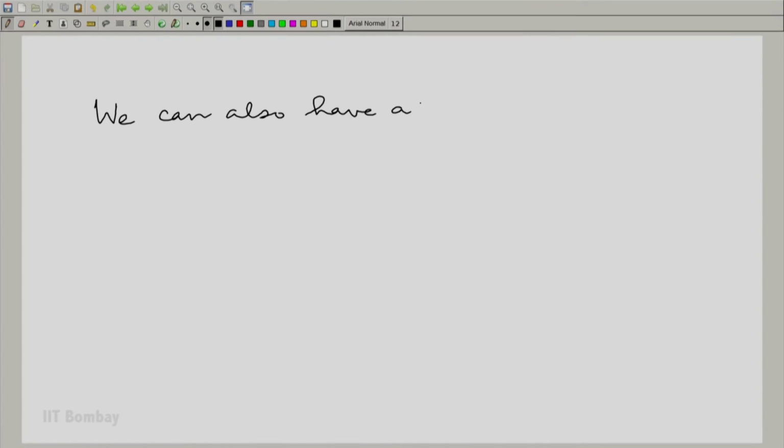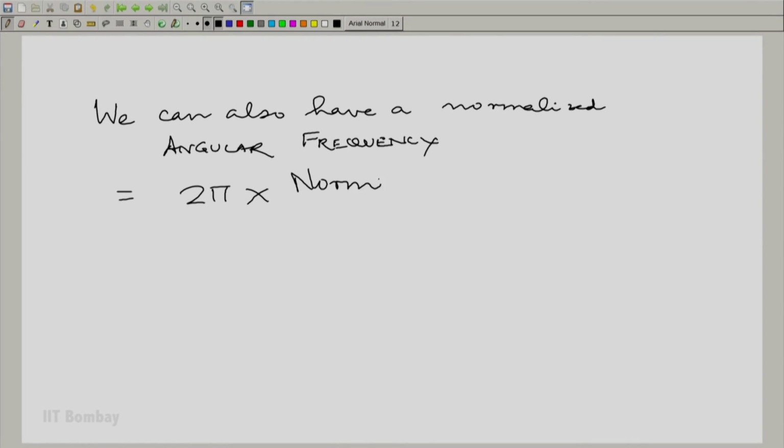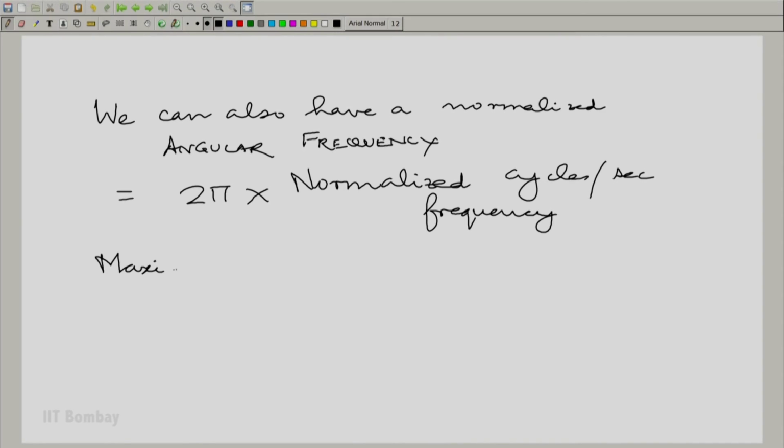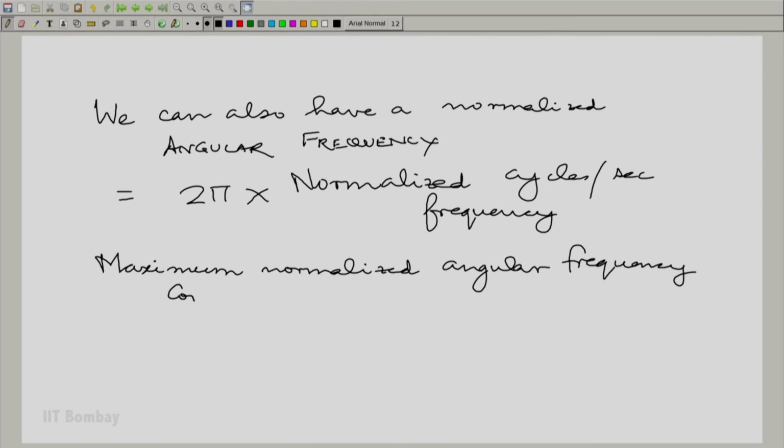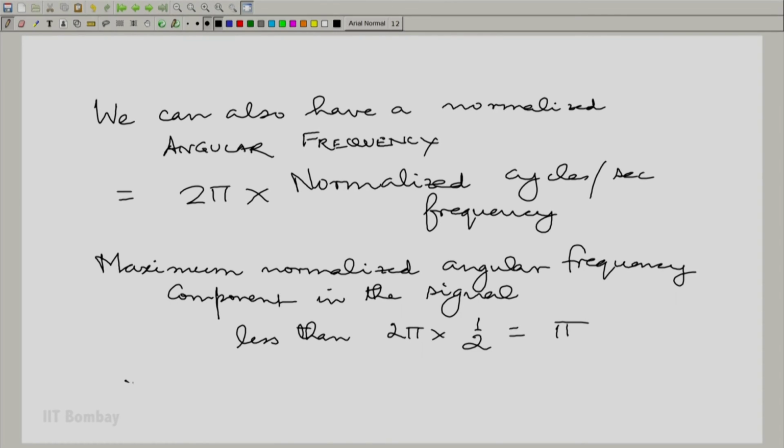But then you can also have a normalized angular frequency, and that normalized angular frequency is 2 pi times the normalized cycles per second frequency. So, therefore, the maximum normalized angular frequency component which we can have in the signal should be less than 2 pi into half, which is pi.